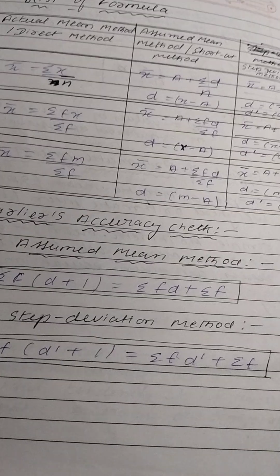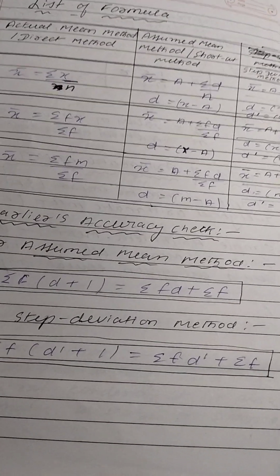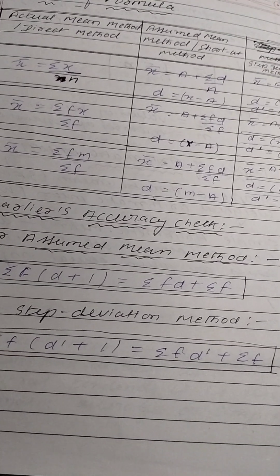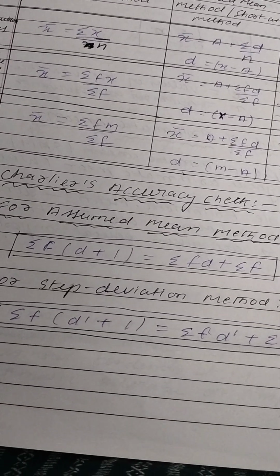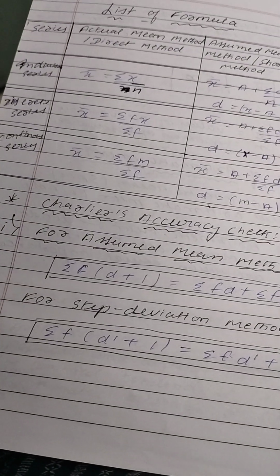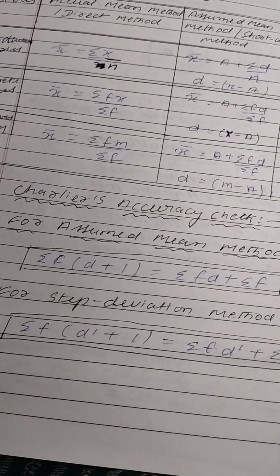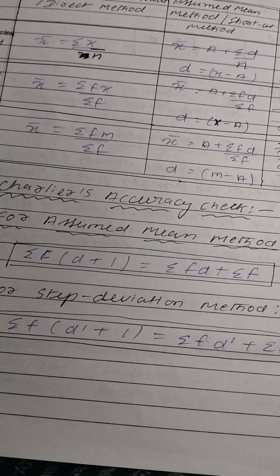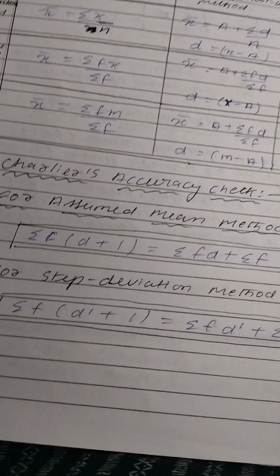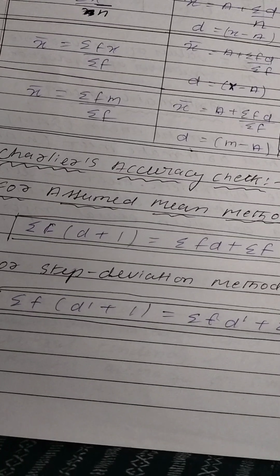In the individual series the frequency is not there, and in the discrete series frequency will be added, and in the continuous series, in place of direct observations, mid value will be there, because the values are in a range, and you have to calculate it. And how are you calculating the mid values?